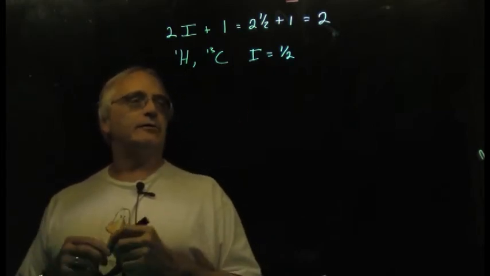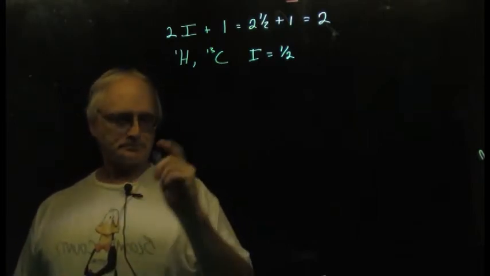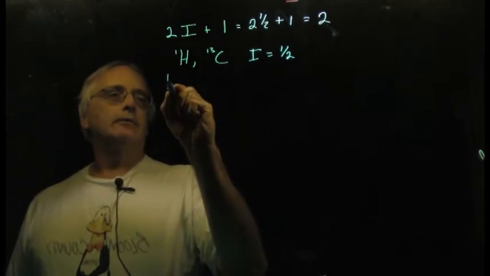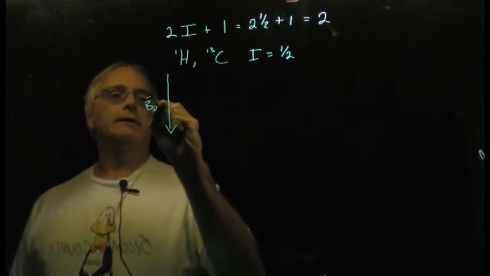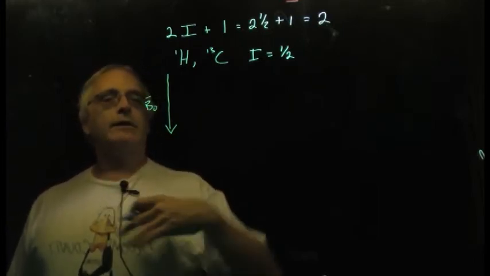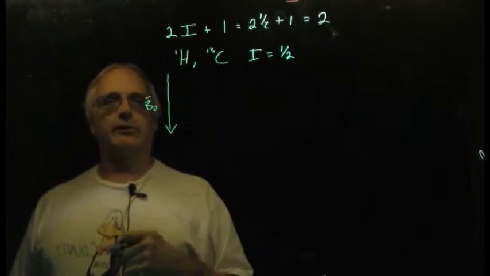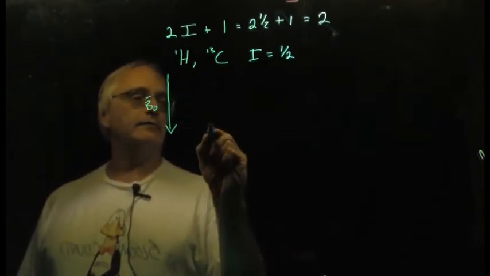Now we've drawn pictures to try to reflect that, and this is a fairly simplistic one here, where we draw this. I'm going to label it B0, our representation for the big honkin' magnetic field. And then we represent the 2 spin states a proton or a C13 or any spin 1/2 nucleus can adopt this way.